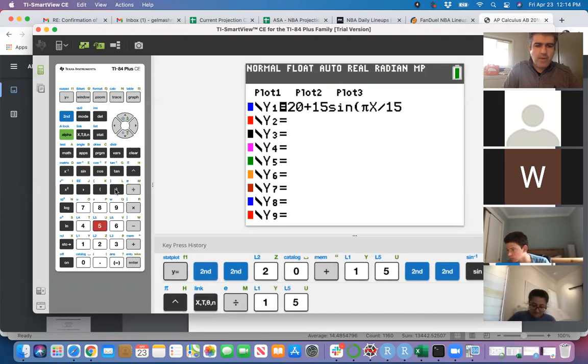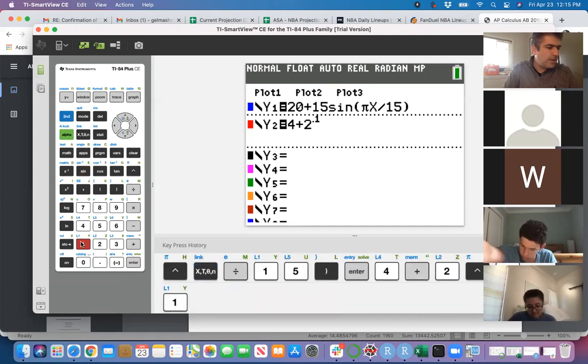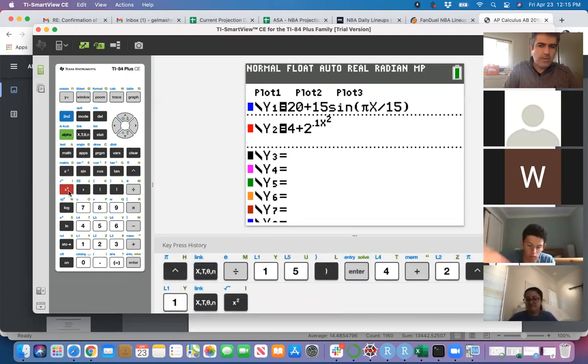The calculator does the order of operations, so it will do pi times x and divide by 15. Next up, we'll do 4 plus 2 raised to the 0.1 x squared.